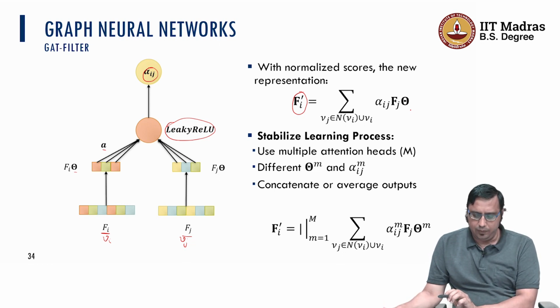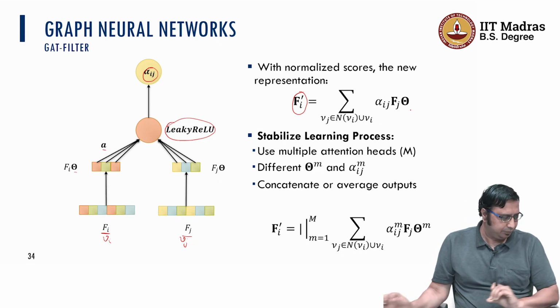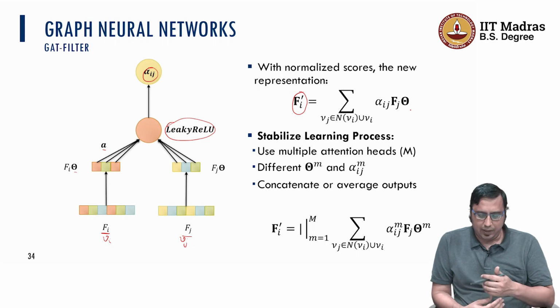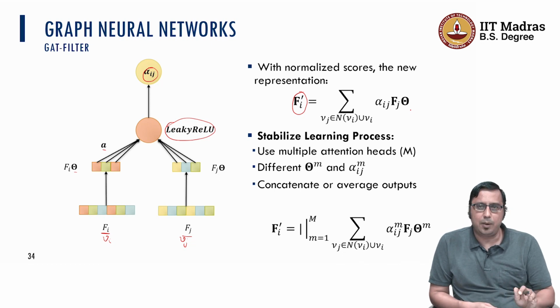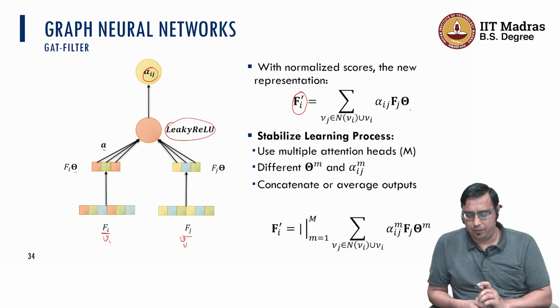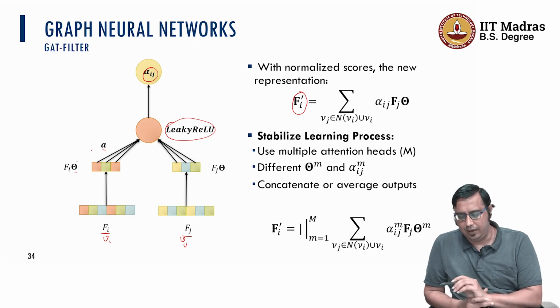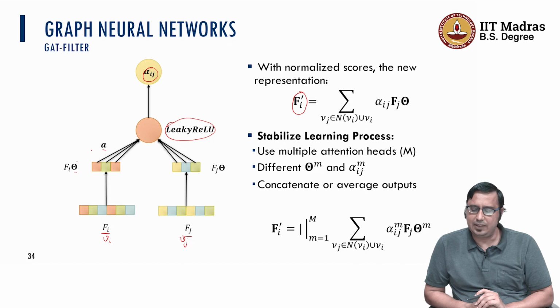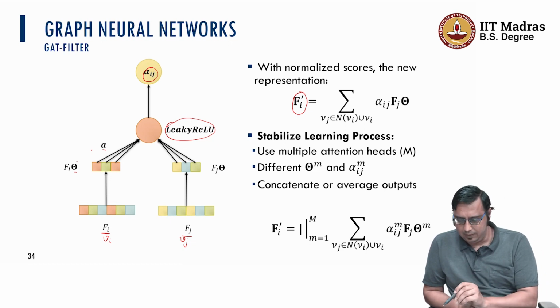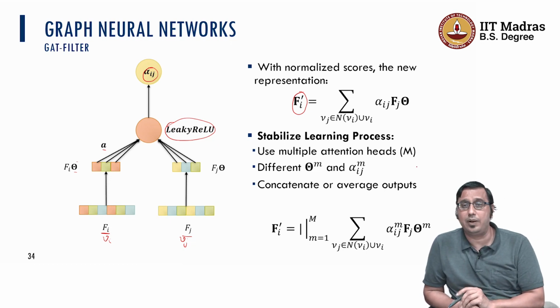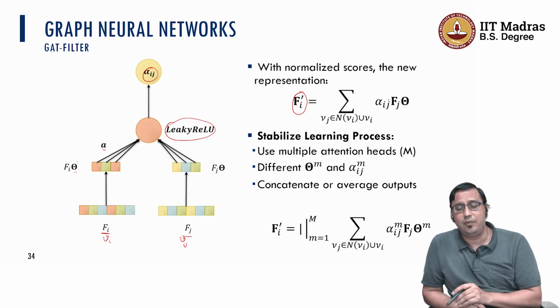Now, often we want to stabilize the learning process of self-attention, and for that, instead of using a single attention, we tend to use multiple attention heads m, with different theta m and alpha ij m. We apply the same rule, but instead of a single attention we have multiple attentions.